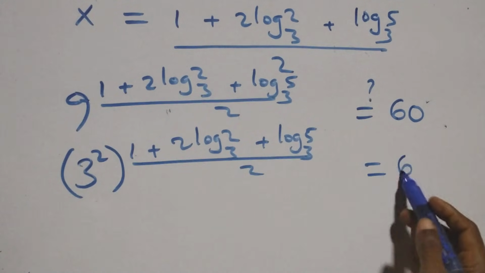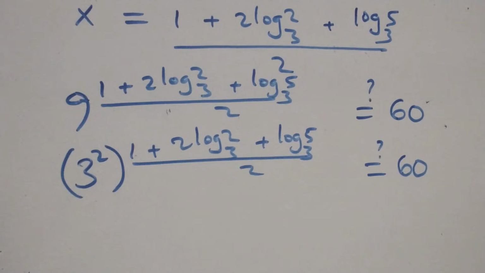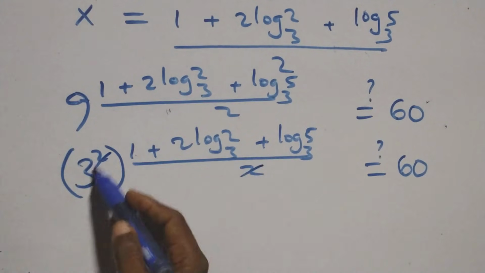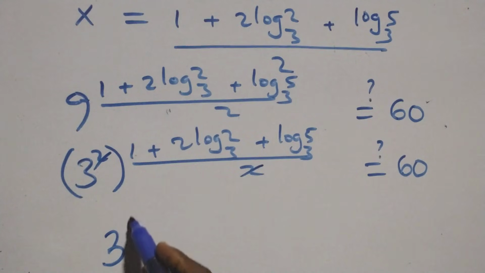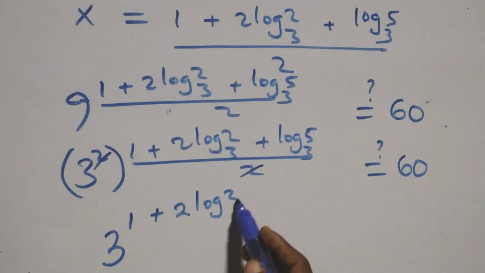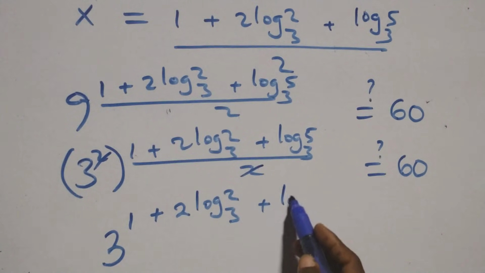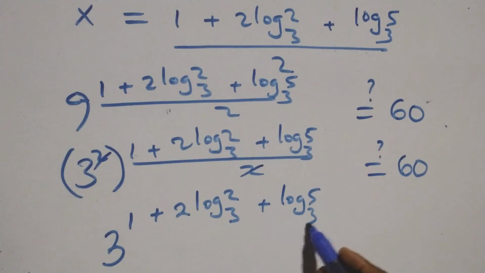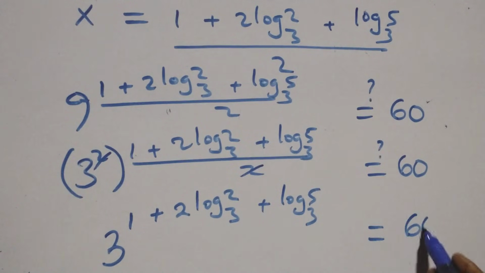Then is equals to 60 on this side. And this power multiplies 2 here cancel each other. We have 3 raised to power 1 plus 2 log 2 base 3 plus log 5 base 3, is it equals to 60 on this side.